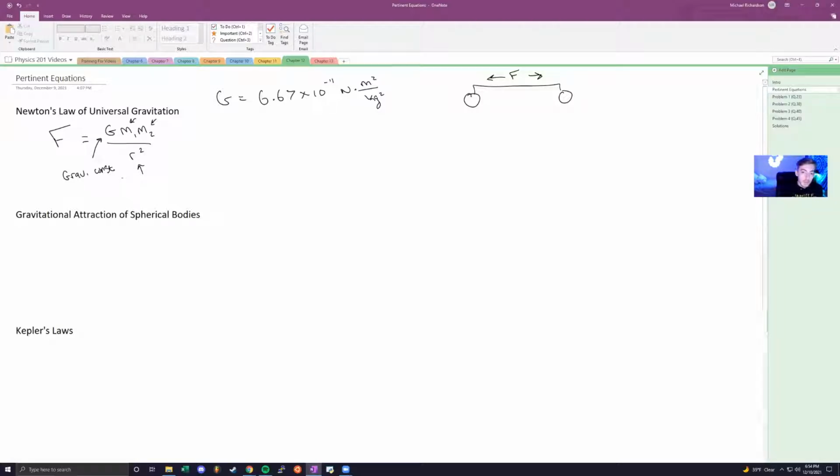This is the separation between both of the bodies, to their centers of mass, which is a very important note. That will be their R, their separation from each other, the separation from M1 and M2.